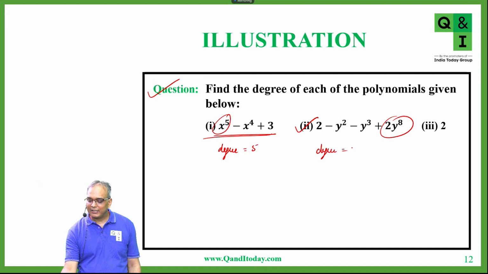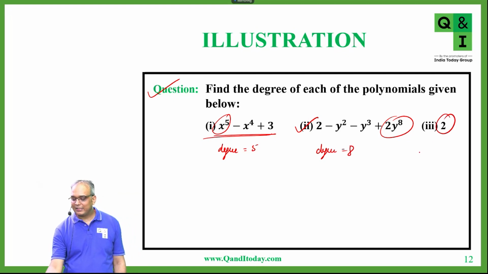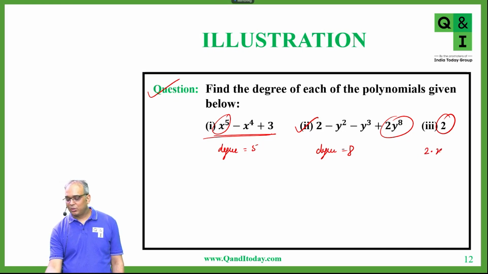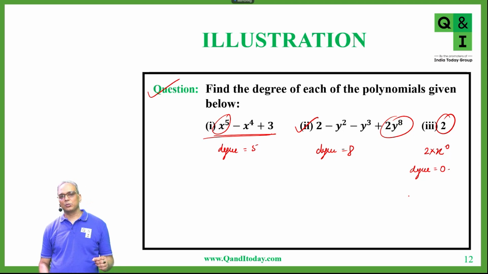So the degree here is 8. What is the degree here? 0. The degree is 0, because the value is 2 times x raised to the power 0. So the degree is 0 here. For a constant polynomial, the degree is 0. For the zero polynomial, the degree is not defined.